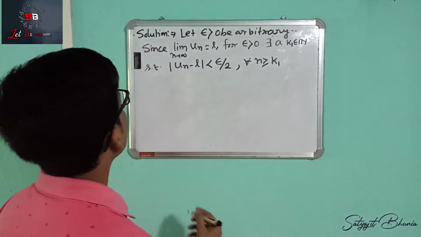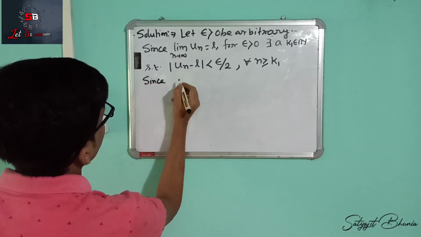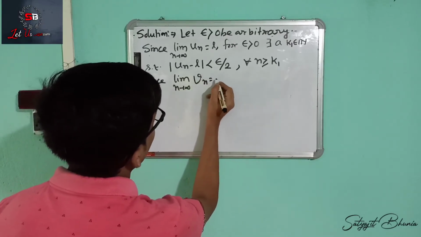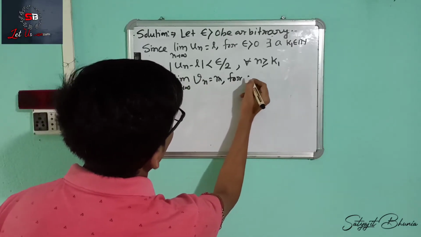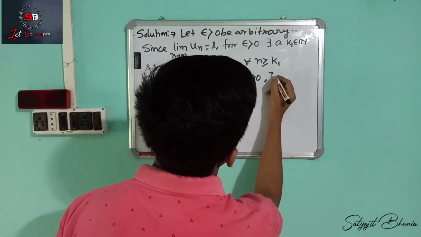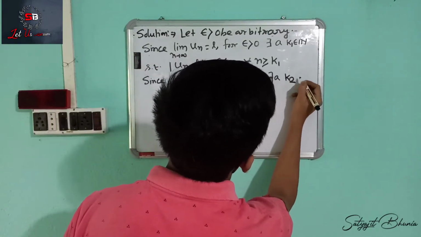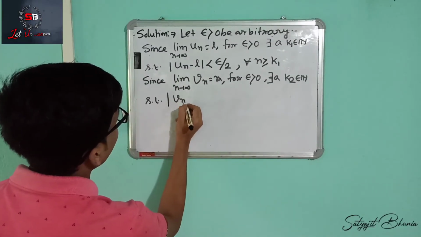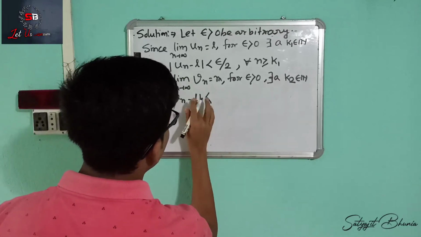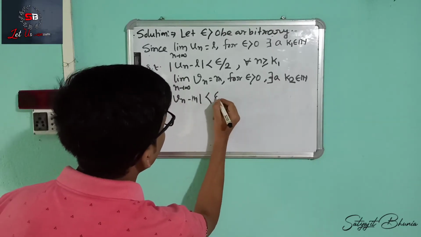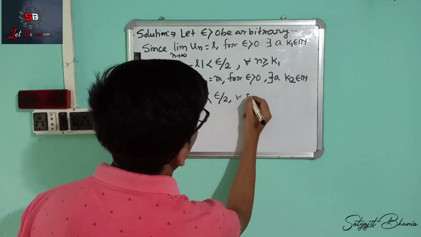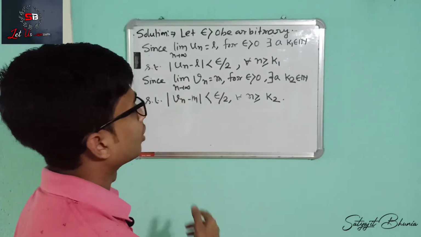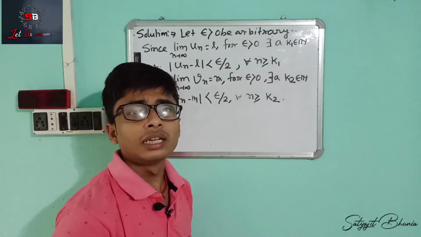Next, again, since limit of vn is equal to m, for epsilon greater than 0 there exists another k2 belonging to N such that mod of vn minus m is less than epsilon by 2 for all n greater than or equal to k2. We can also write this from the definition of the limit.